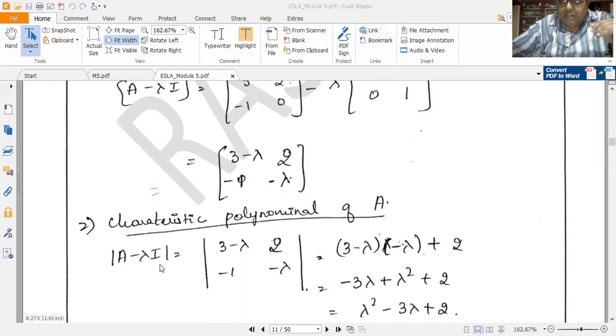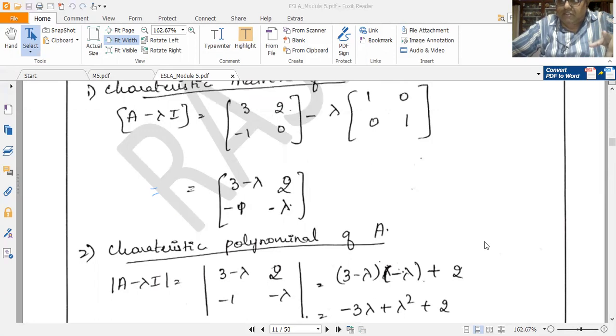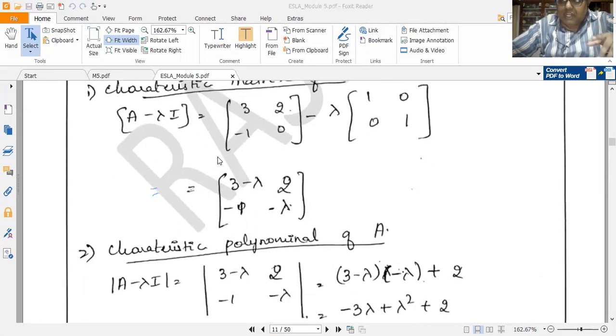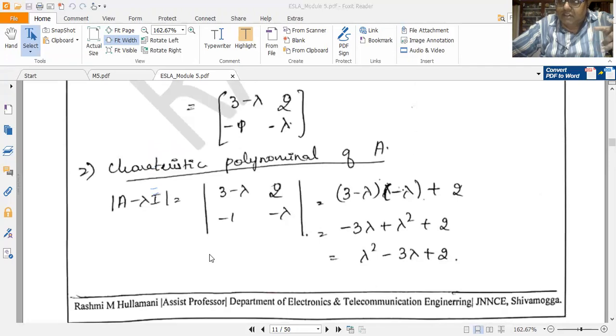Now I get an equation for the determinant of A minus lambda I. Equate this characteristic polynomial to 0, then I get the characteristic equation. Find the roots of the characteristic equation, and I get the eigenvalues. This is the procedure. First find the characteristic matrix of A, A minus lambda I. The next step is to find the characteristic polynomial of A by finding the determinant of A minus lambda I. The third step is to solve the characteristic equation: equate the characteristic polynomial to 0 and solve for its roots.